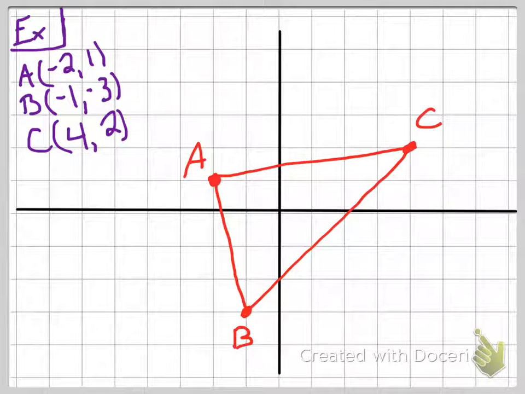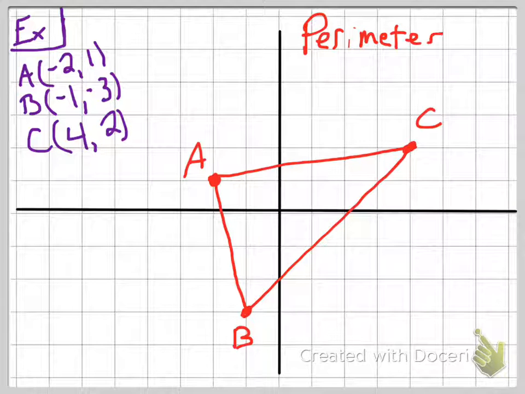Let's say I asked you to find the perimeter. Perimeter would be basically adding up all the side lengths. Well, I don't know any of the lengths of the sides.